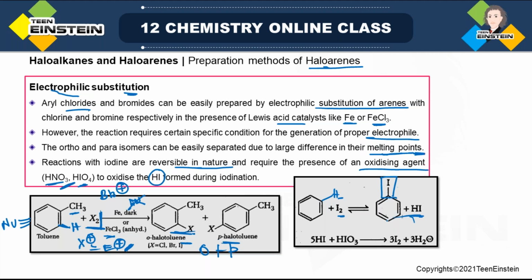So if by some process, if you can remove this HI from the medium, according to Le Chatelier principle, more of this, that is aryl iodide, will be formed, because of this reversible nature, if you are not removing this HI, the yield of ArI, that is aryl iodide, that will be very low. So that is why here we are using some oxidizing agent which will remove HI from the medium by this reaction.